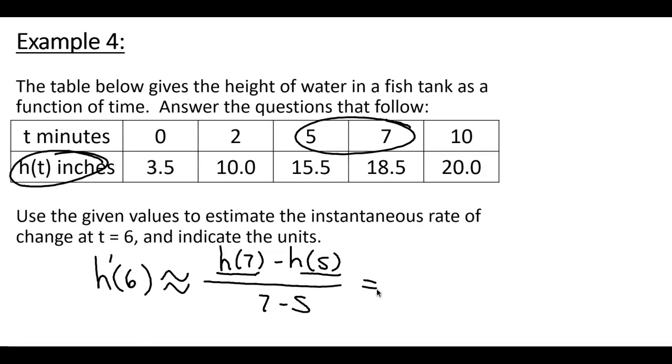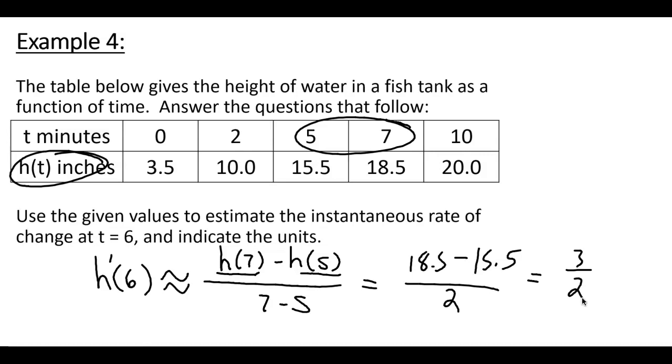What is the height at 7? What is the height at 5? And how much time went by? 2 minutes. 7 minus 5 is 2. 18.5 minus 15.5 is 3. So that's 3 over 2, what per what?